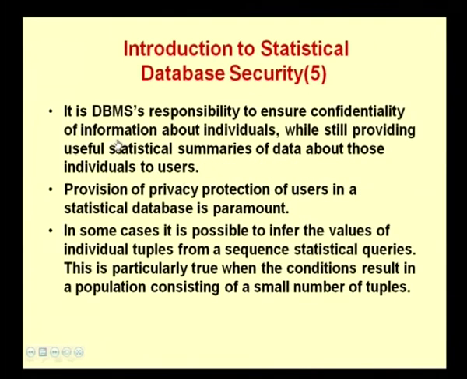It is the DBMS's responsibility to ensure confidentiality of information about the individuals while still providing useful statistical summaries of data about those individuals to users. So, provision of privacy protection of users in a statistical database is very important. In some cases, it is possible to infer the values of individual instances from a sequence of carefully established queries. This is particularly true when the conditions result in a population consisting of a small number of tuples.